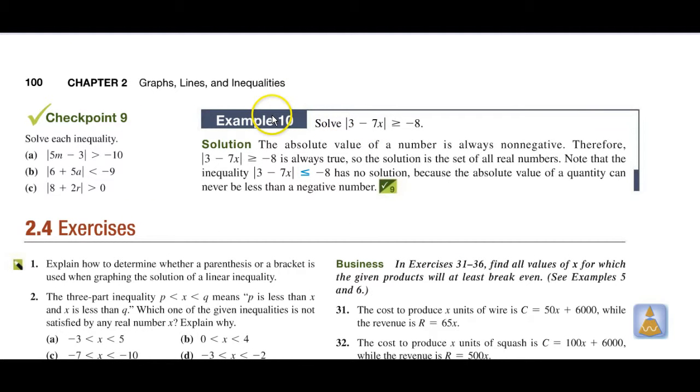Now, example 10 is a little tricky, and it's super critical what your inequality sign is.